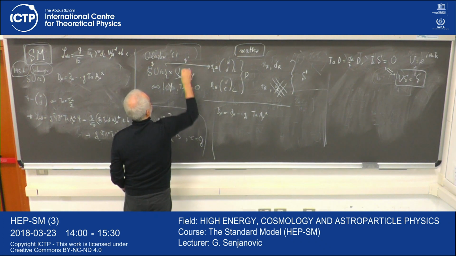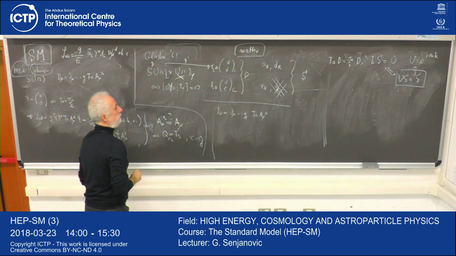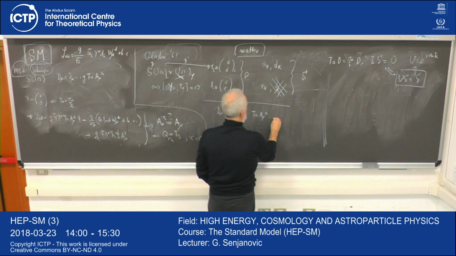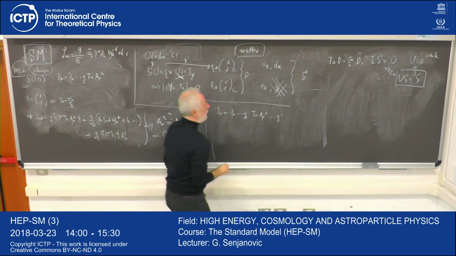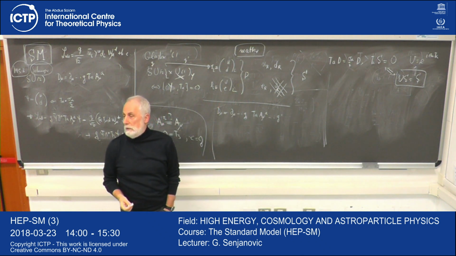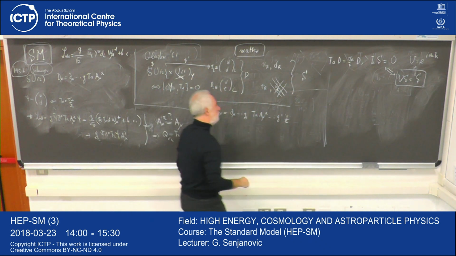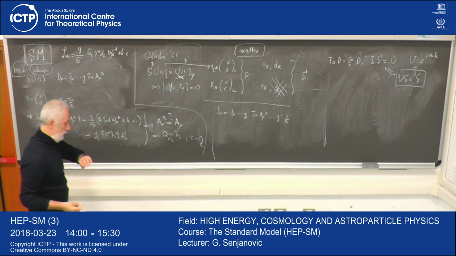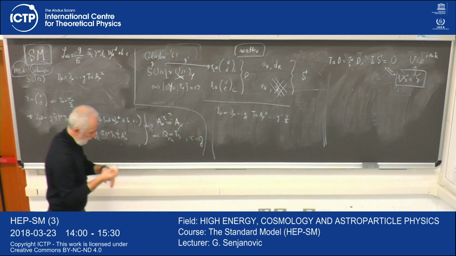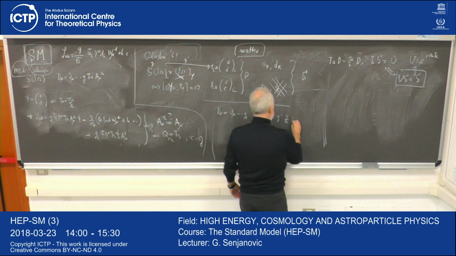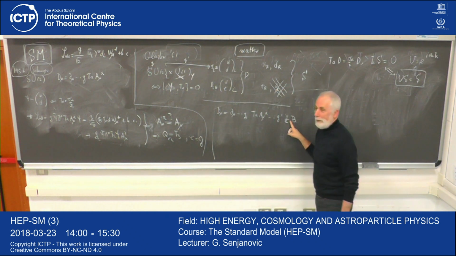For U(1), let's call it g prime, so I will have minus i g prime. The charge I'm going to call Y over 2, because everybody else calls it Y over 2. There is a historical reason, it doesn't matter. It's irrelevant what I call this charge.